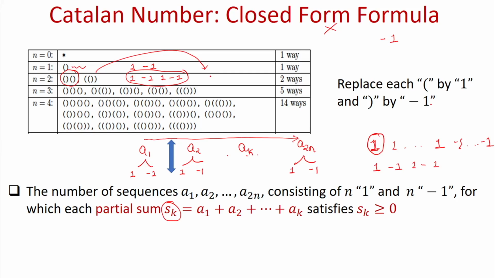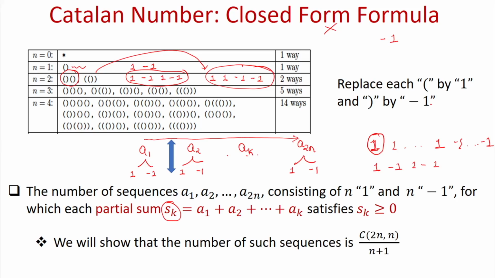You have a left parenthesis, so you have 1, and then you have 2 closing parentheses, so -1, -1, and so on. So that shows that the number of valid sequences satisfying our condition is the same as the number of valid strings with n pairs of parentheses.